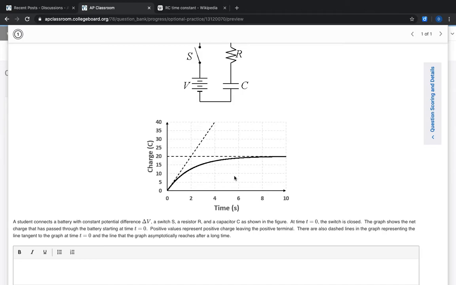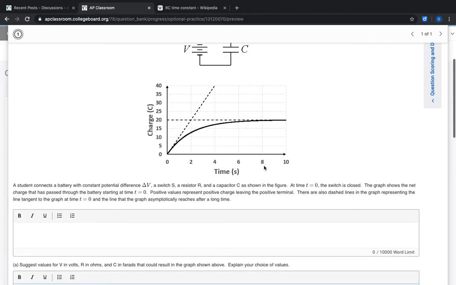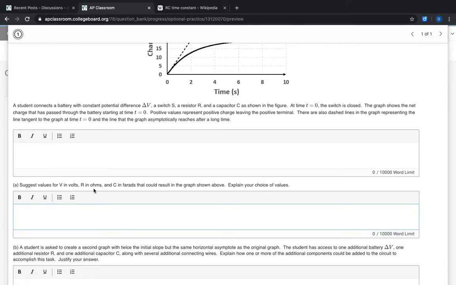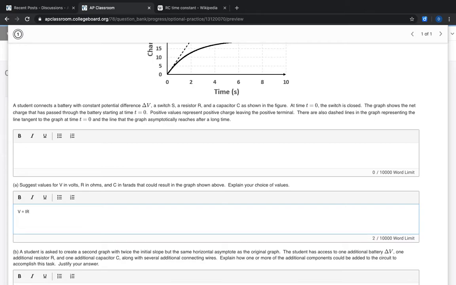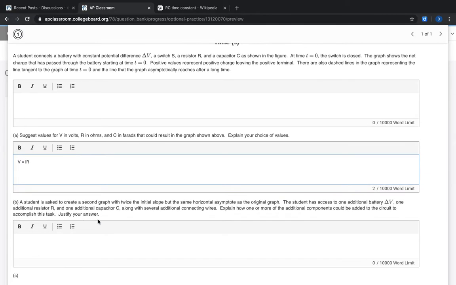I would start by listing out some equations that we know that could help you figure these out. So for example, we know that voltage using Ohm's law is equal to I times R. By the way, I'm going to type these answers in here.